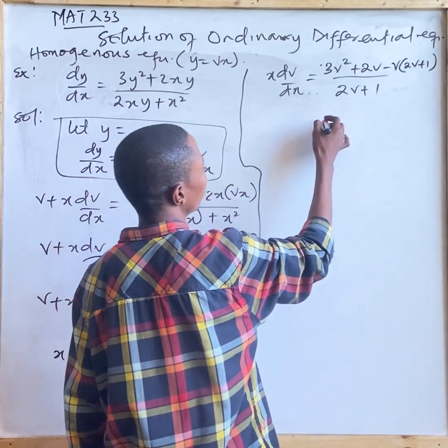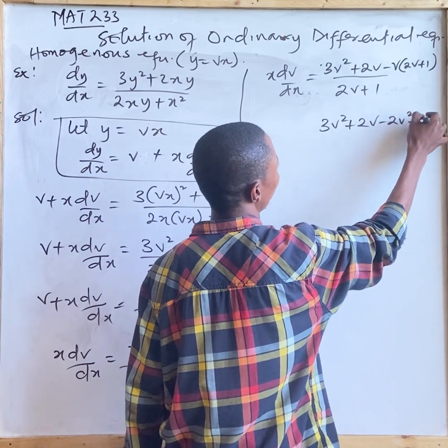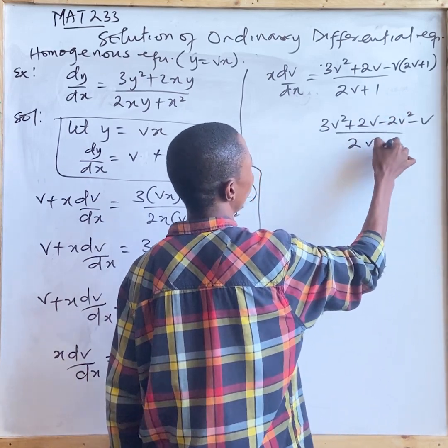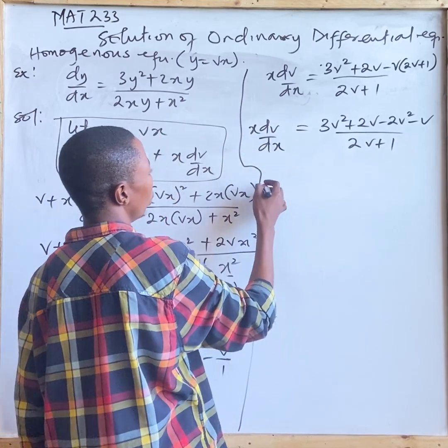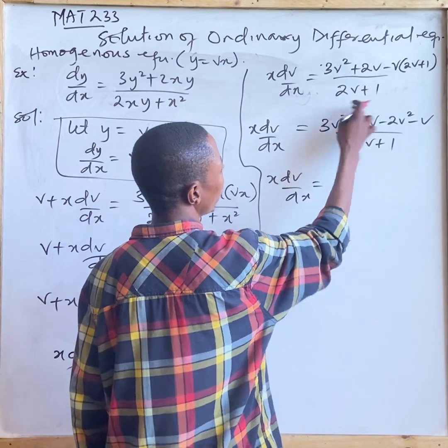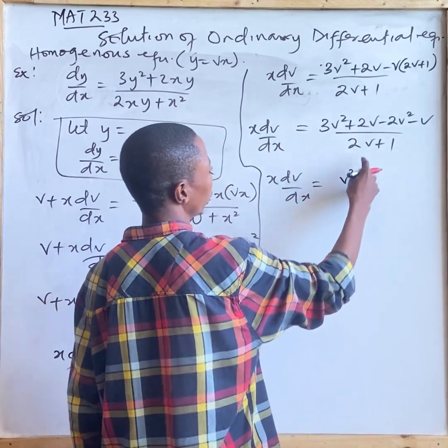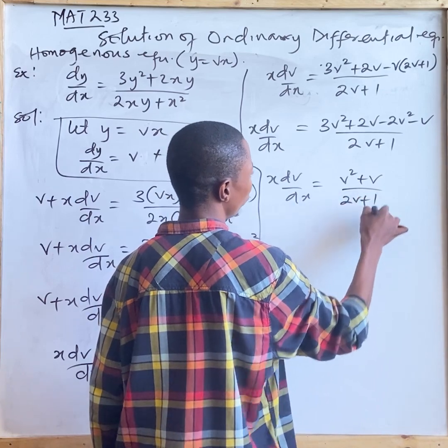If you simplify that, we are going to have 3v squared plus 2v minus 2v squared minus v, divided by 2v plus 1, is equals to x dv/dx. So x dv/dx is equals to 3v squared minus 2v squared, that's v squared, 2v minus v, that's v, all over 2v plus 1.